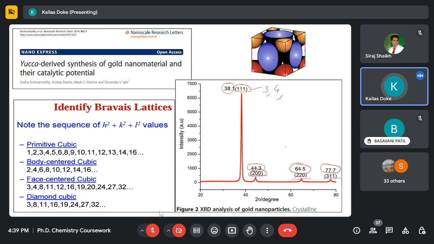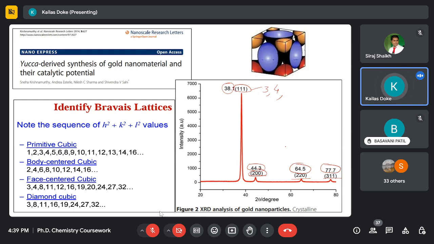For 311, 3 square plus 1 square plus 1 square will be 11. So only 4 peaks are there, and their sequence is 3, 4, 8, 11, which is not there in the simple cubic lattice, not in the body-centered cubic lattice, but in the face-centered cubic lattice you can observe these first four peaks.